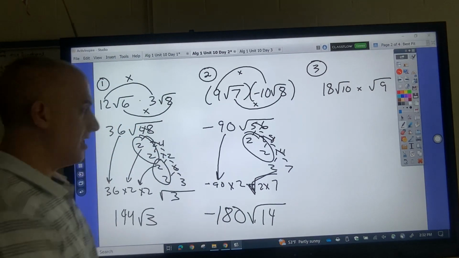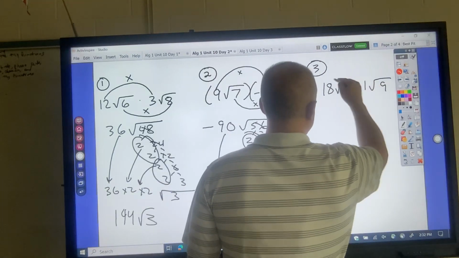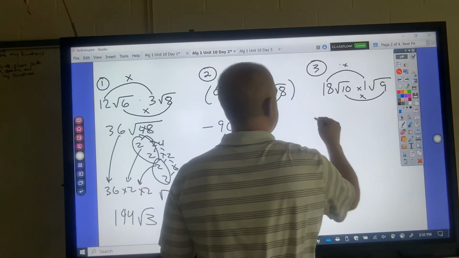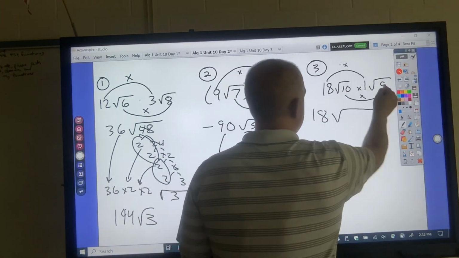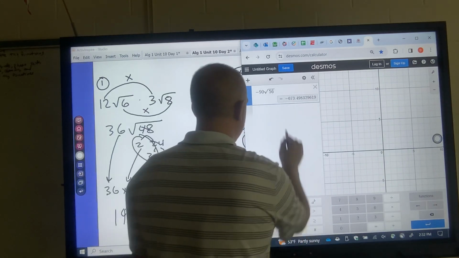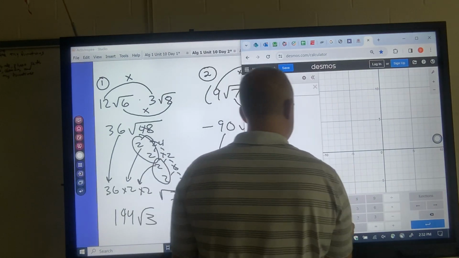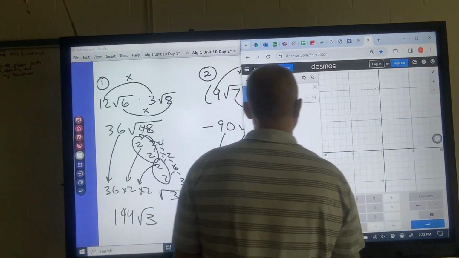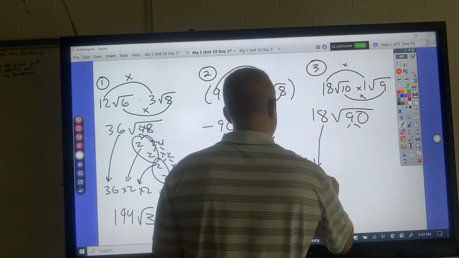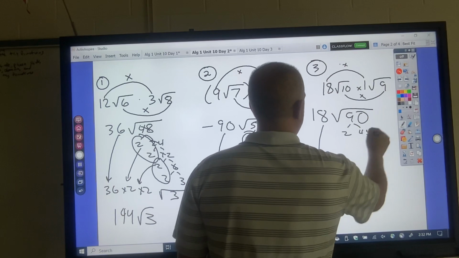Okay, now if you don't see a number out there, you can assume that's a 1. Okay, so 18 times 1 is 18. 10 times 9 is 90. Okay, I'm going to just double check that. 18 square root of 90. So that's going to be 18 automatically, then it comes down. 2 and 45.